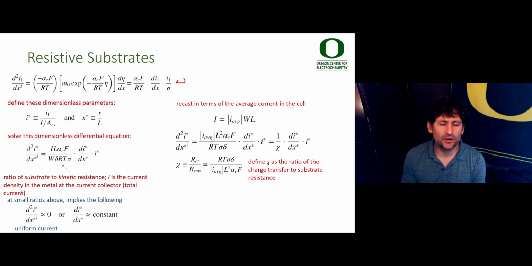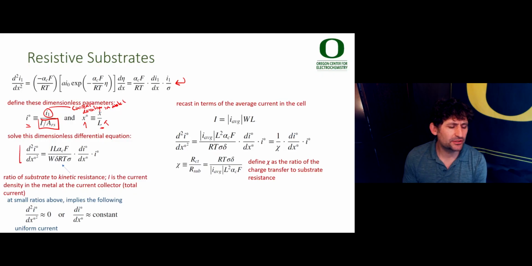Now we can take this expression from the previous slide and we can define some dimensionless parameters like we normally do. We'll make I star the current in the metal divided by the total current density. Remember, these little i's are really current densities. And we'll make x star the position normalized to the total length of the electrode.